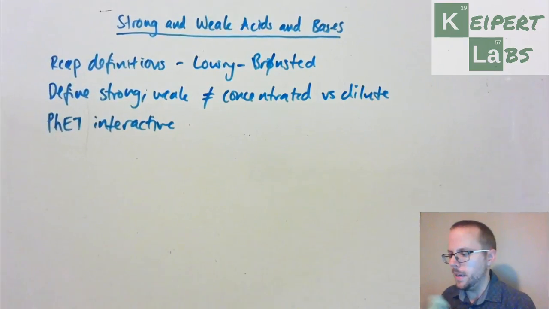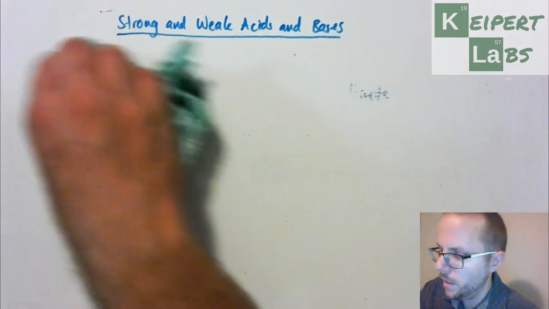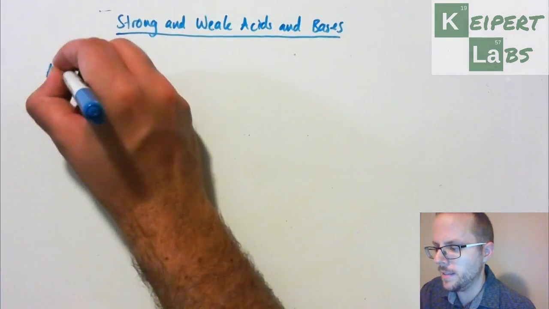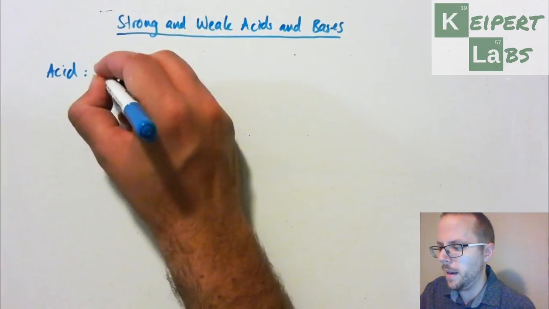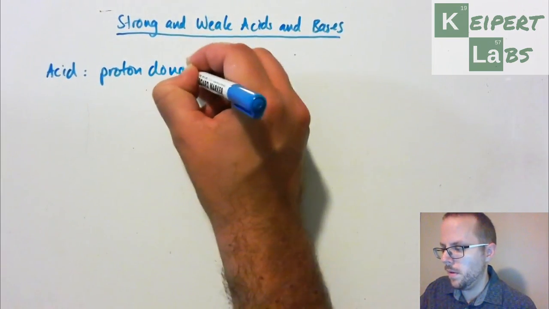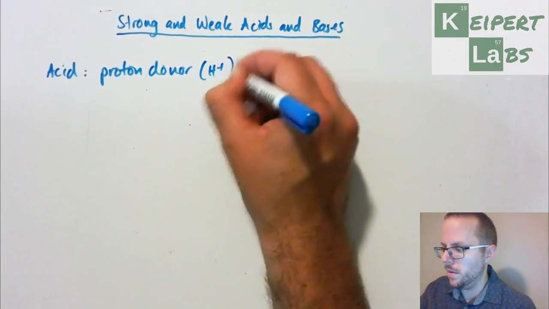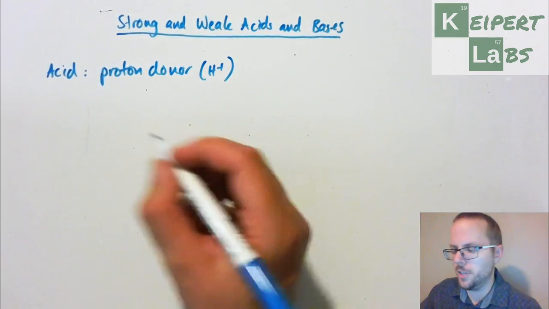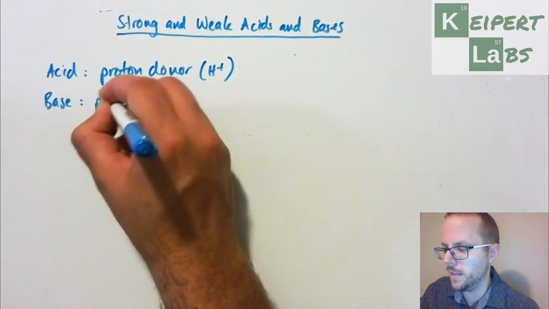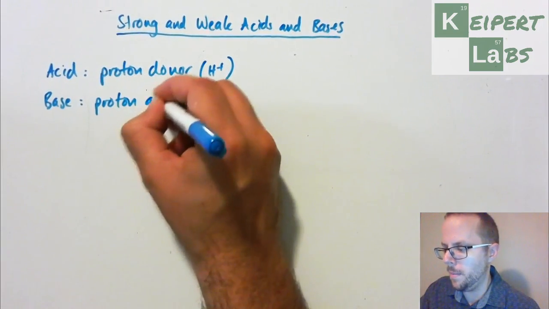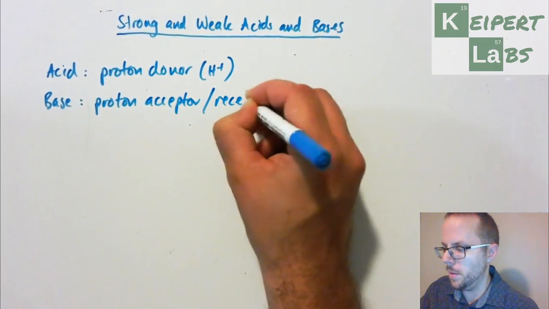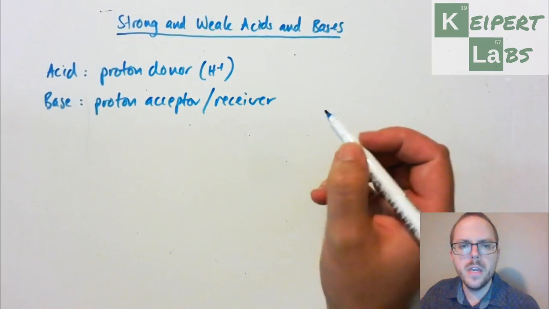Okay, let's begin. So remember that when we're thinking about the Lowry-Bronsted definition of acids and bases, we're thinking about an acid being a proton donor, a proton representing an H+ or hydrogen ion, and a base being a proton acceptor, or receiver, if you might prefer that kind of language.